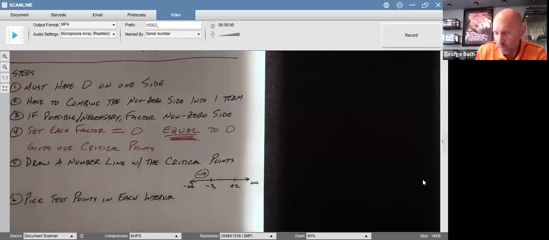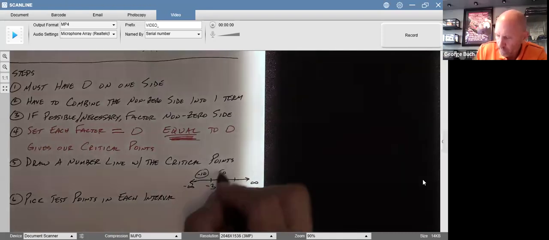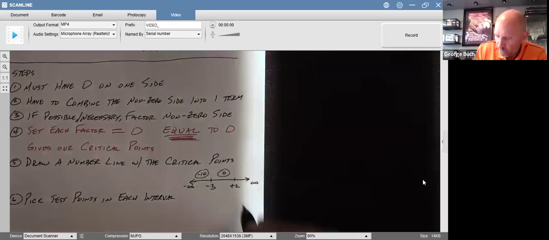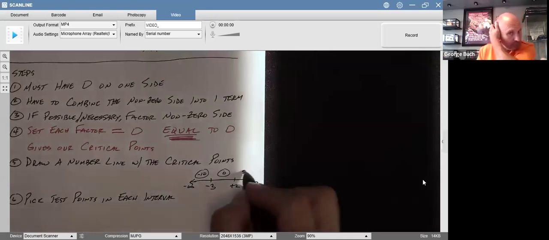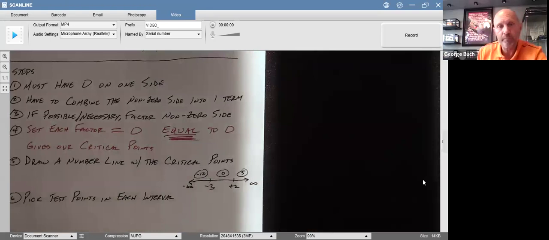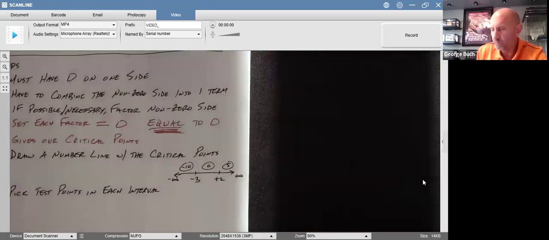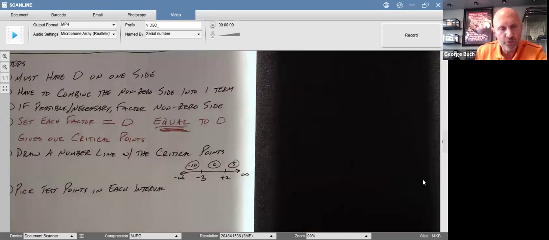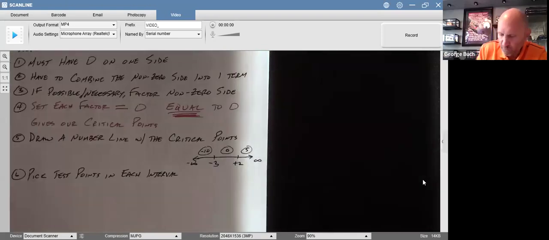It can be any value. It could be -100, it could be -4, just as long as it's between -infinity and -3. Something between -3 and 2, well, let's go with 0. And something bigger than 2, let's go with +5. So we pick those test points in each interval.